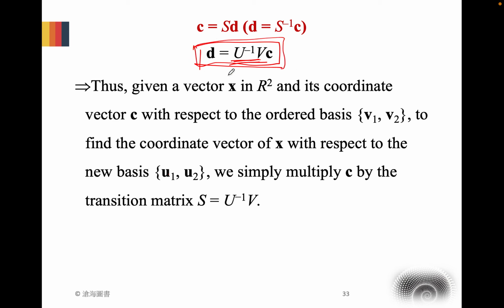What does this equation mean? This means originally we represent a vector with respect to the ordered basis V. But now we want to transform this coordinate vector into another coordinate vector D that is with respect to the new basis U1 and U2, and the transition matrix should be U inverse V, okay?